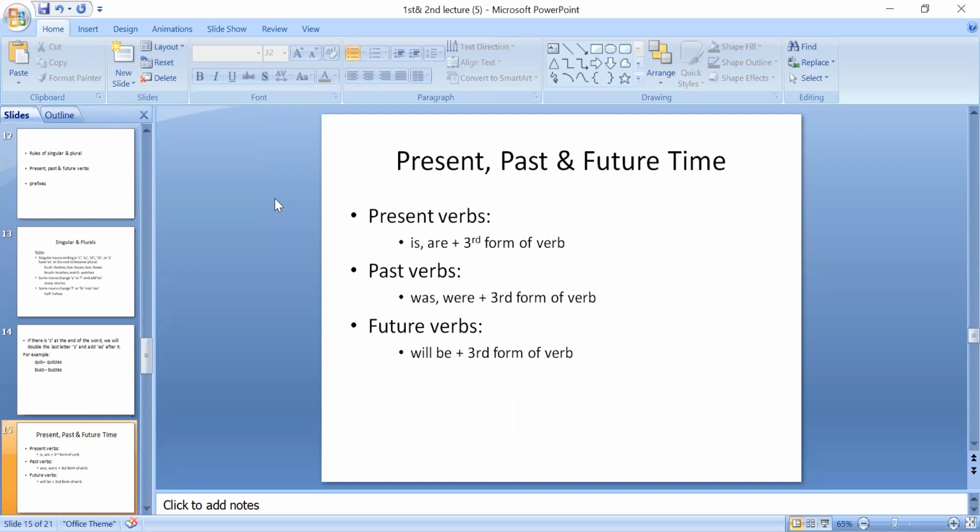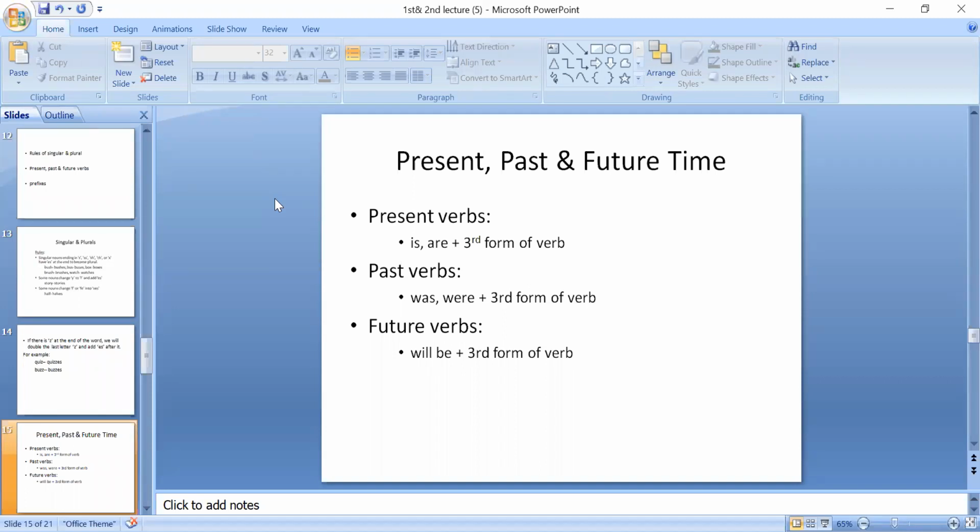Next is past verb. Past verbs are was and were, and with was and were, we use the third form of verb. Next verb is future verb, will be or shall be.